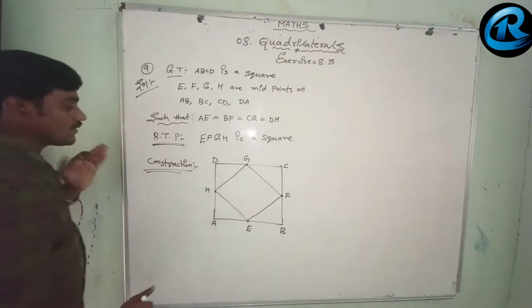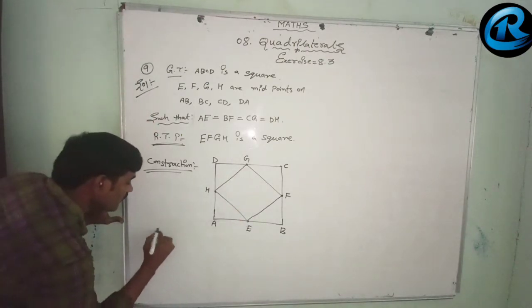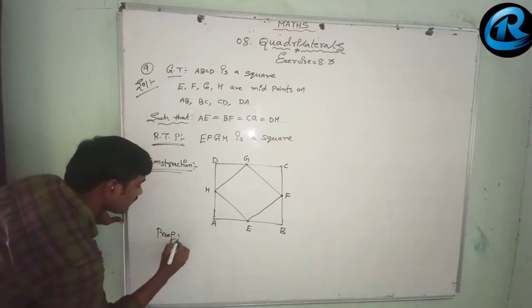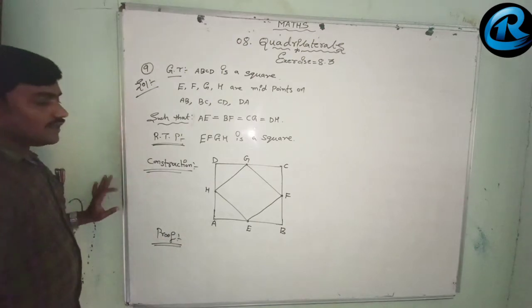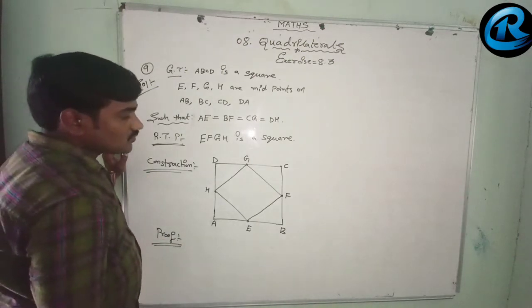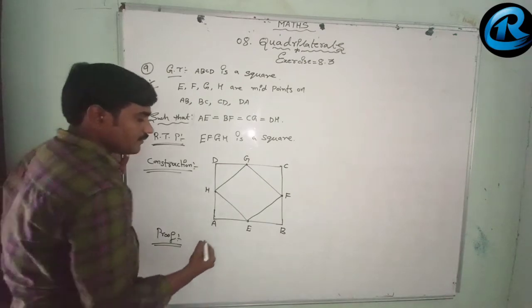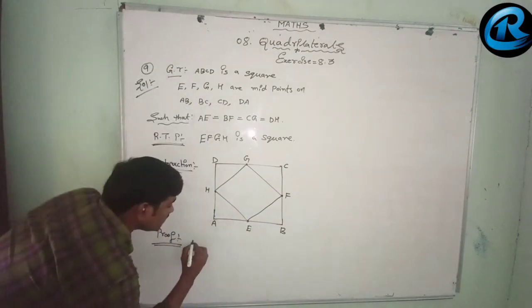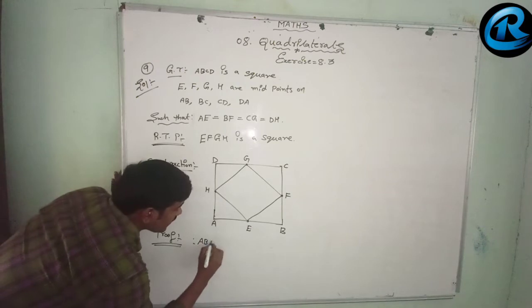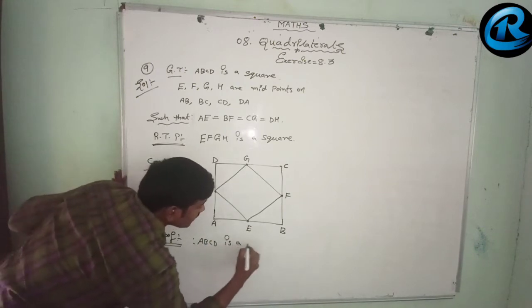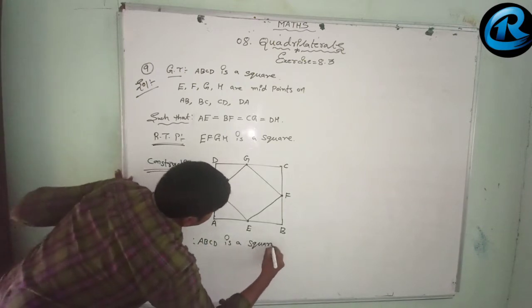Okay, how to prove it? Let us see that. First of all, let us take the proof now. So we go for here where ABCD is a square.